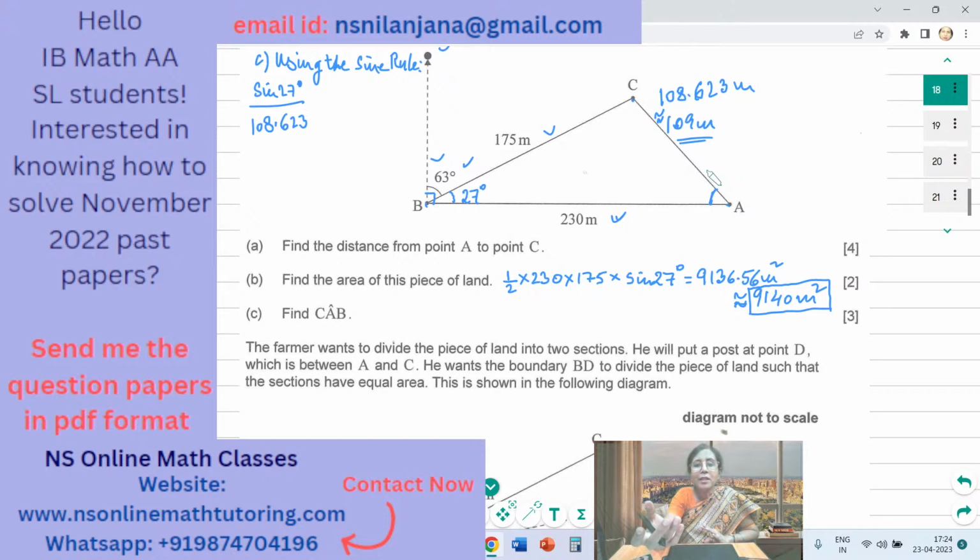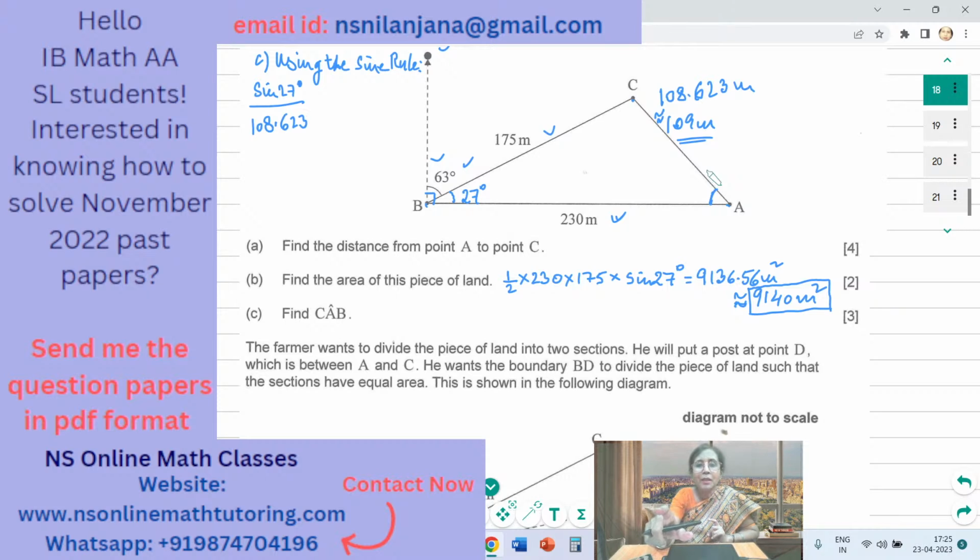The next answer based on an approximate one will be even more far away from your exact answer. So don't take 109 for this calculation, rather take 108.623.